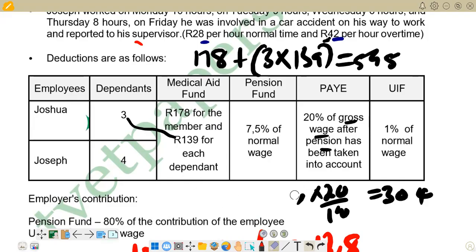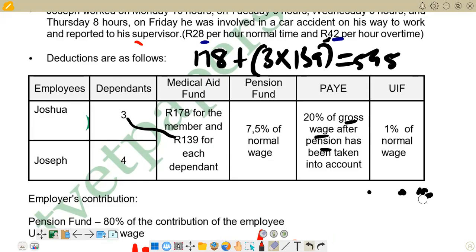So we are just going there to check the normal wage that we have. Then we multiply by 7.5%, which is 0.075. So remember, 7.5% as a decimal, we said it's 0.075. You multiply by the figure for normal wage.